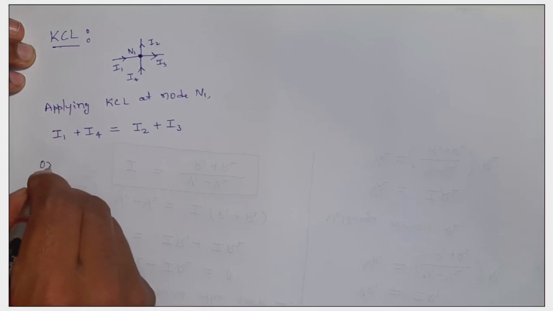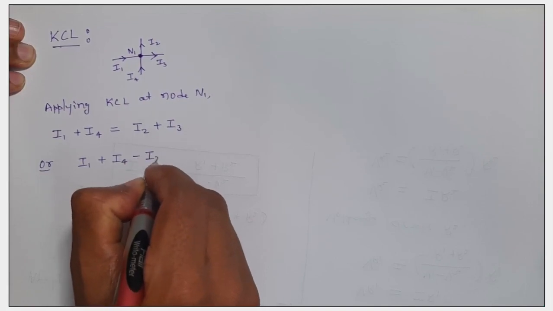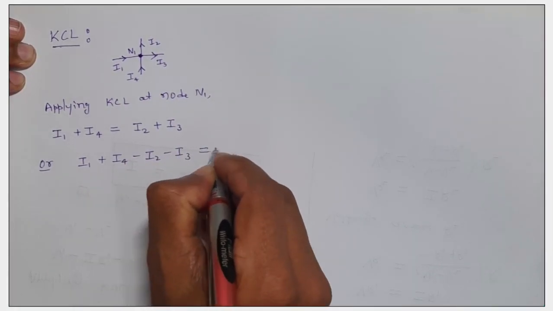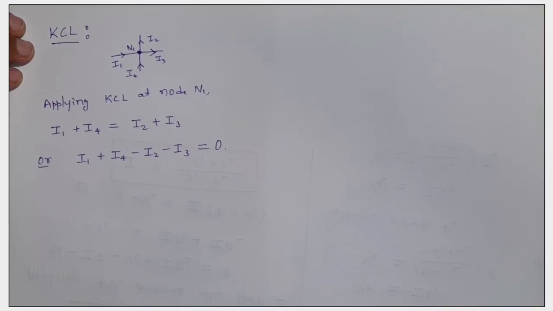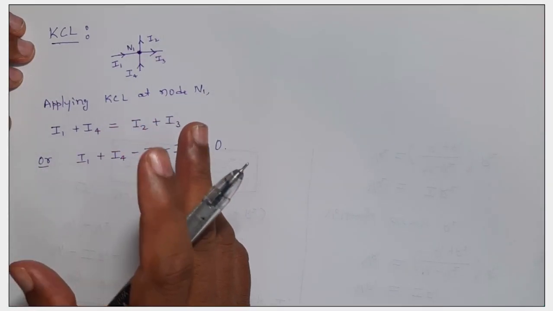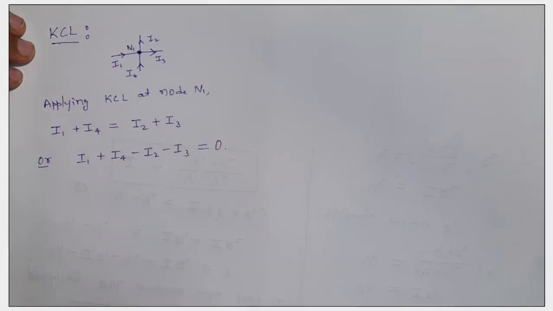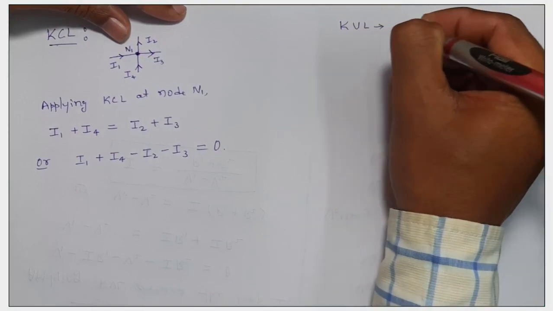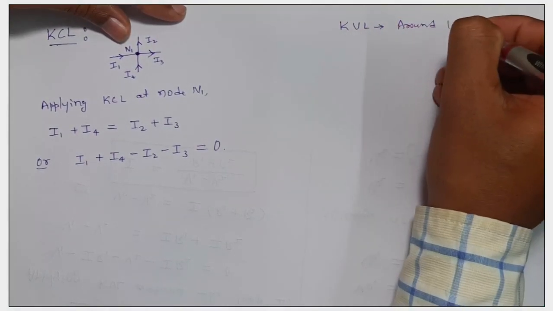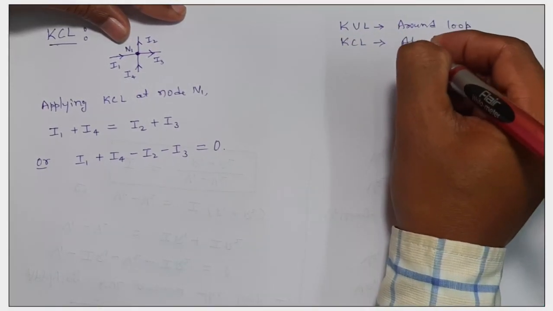Or, dear students, we can write this as I1 plus I4 minus I2 minus I3 is equal to 0. The algebraic sum of currents entering and leaving a node is equal to 0, but currents entering the node are taken as positive and currents leaving the node are taken as negative. Very important thing you should remember, dear student: KVL is applied around the loop, whereas KCL is applied at a node.